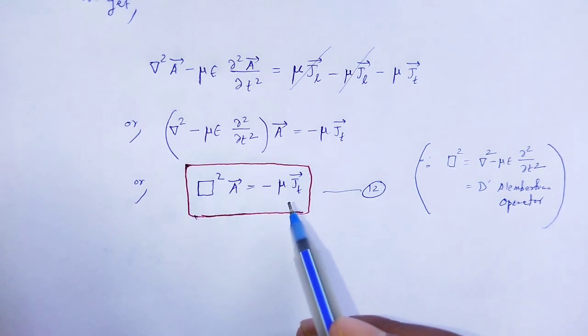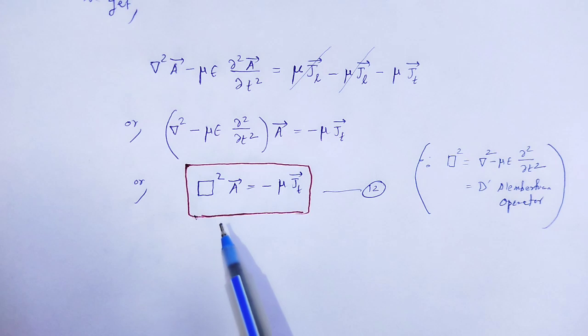For that reason, this Coulomb gauge is called the transverse gauge.